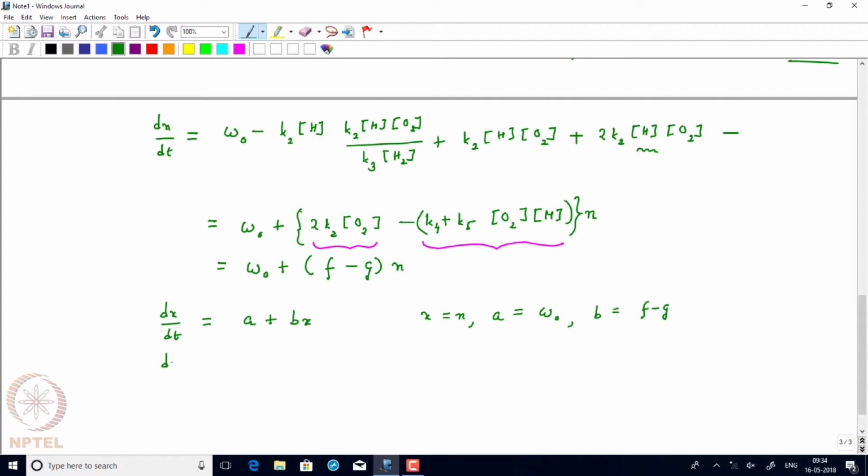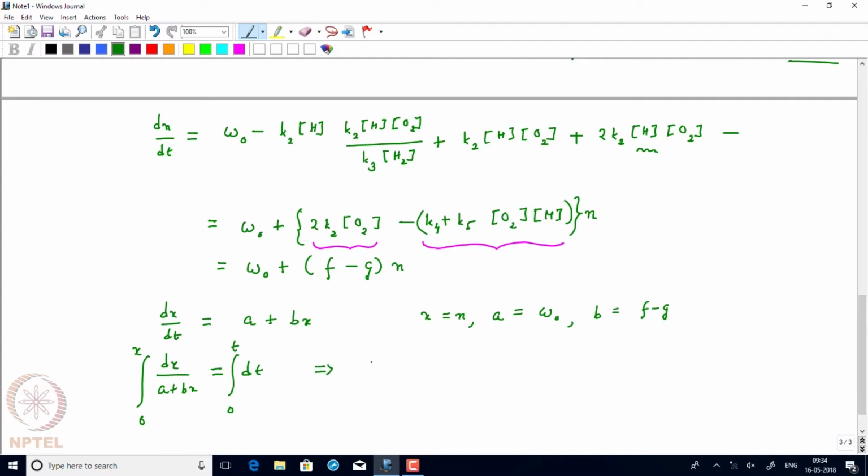Now the integration is dx by a plus bx is dt, and then you integrate between the limits 0 and t, and you can approximate the radical concentration at time 0 was 0, at some arbitrary time it is x.